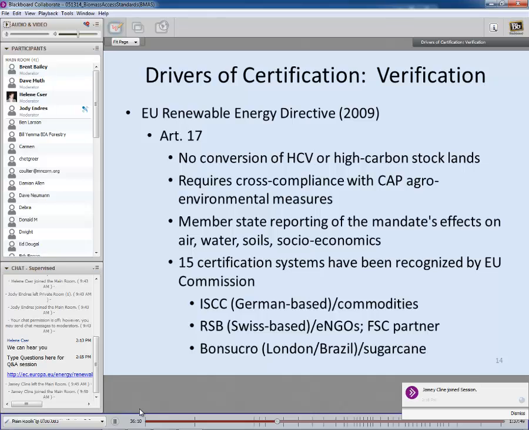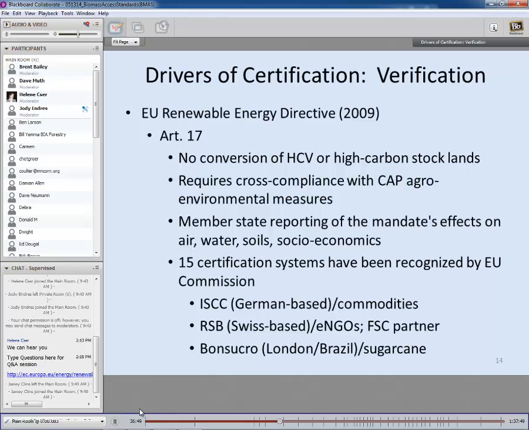So in response to this, the EU Commission has recognized 15 certification systems, and I have a few of those listed here. They're not all-inclusive, but some of the leaders, at least in the US-based conversation, are, number one, the International Sustainable and Carbon Certification, ISCC, which is based out of Germany and has a lot of folks from the agricultural commodities businesses involved as stakeholders, not exclusively, but these are just generalizations about their stakeholder makeup.